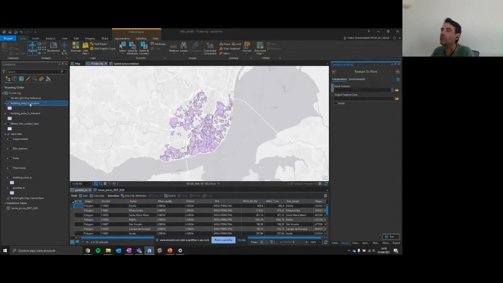I will create the centroids based on this. And I want to force the point to be inside the polygon, because depending on the shape of the polygons, the centroid might not be exactly inside the polygon, so I will force it to be inside.